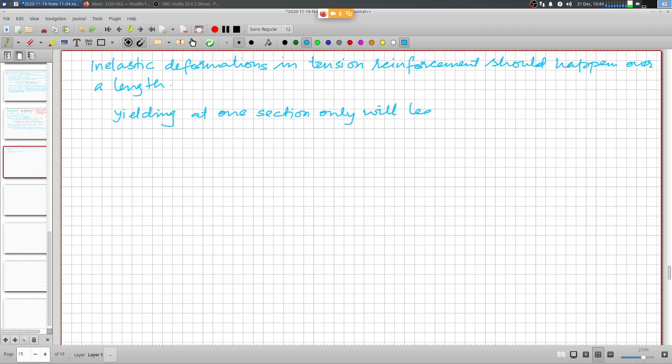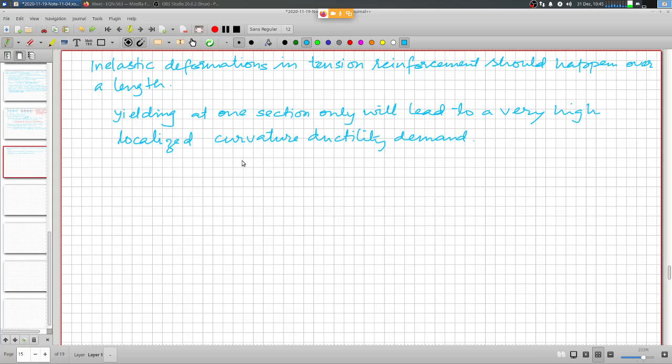it will lead to a very high localized curvature ductility demand. And that may lead to a lot of difficulties.